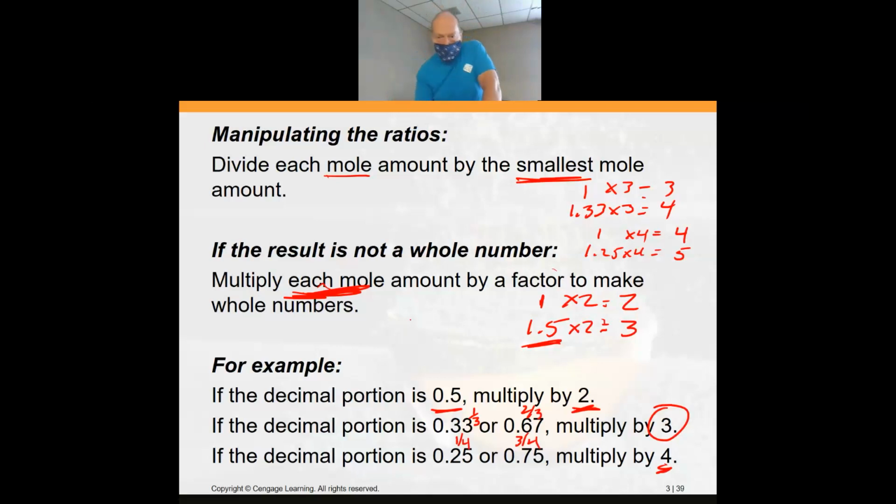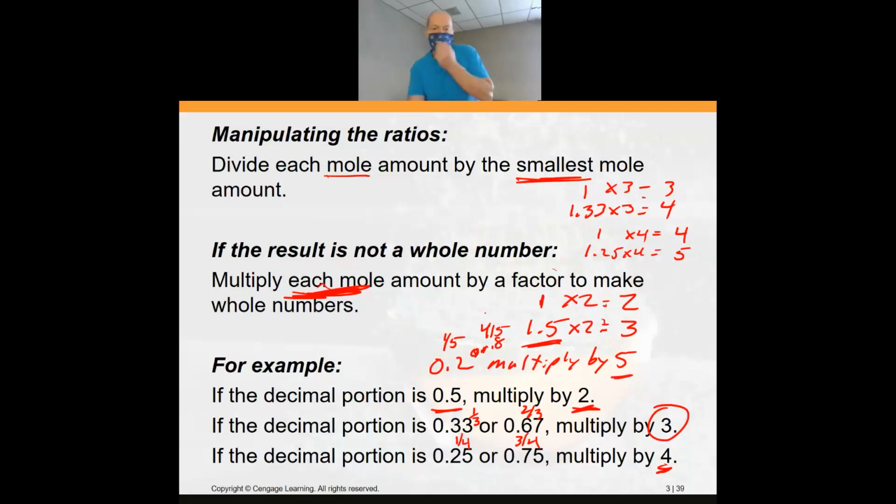If we had 0.2, I think we only go down to 0.2. If you had 0.2, you would have to multiply by 5. Or 0.8, because 0.2 is 1/5 and 0.8 is 4/5. To get rid of that, you would have to multiply by 5.